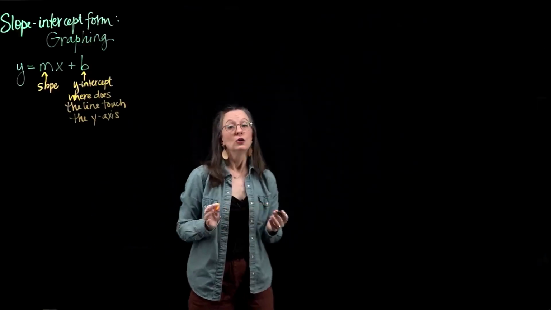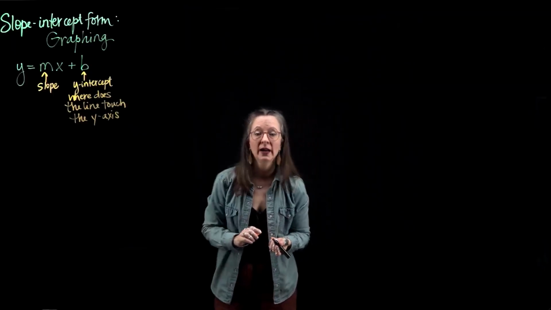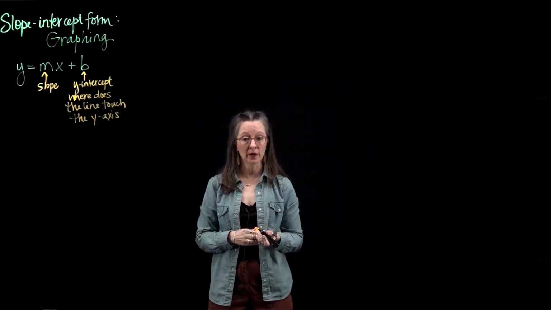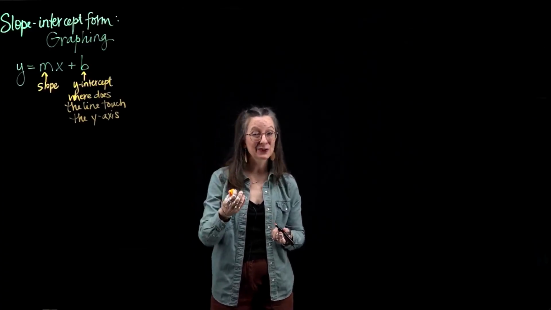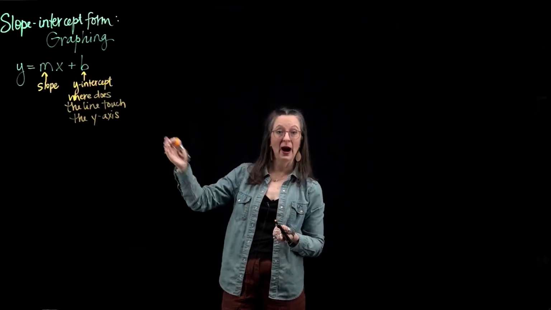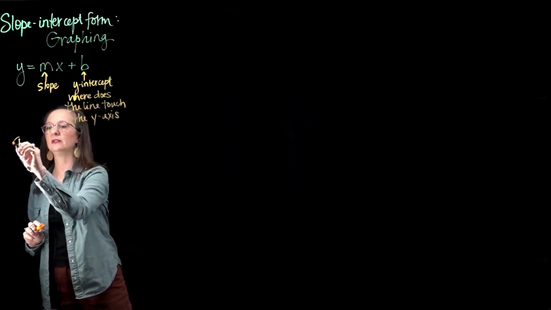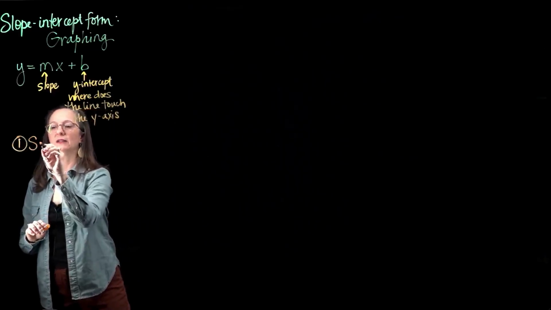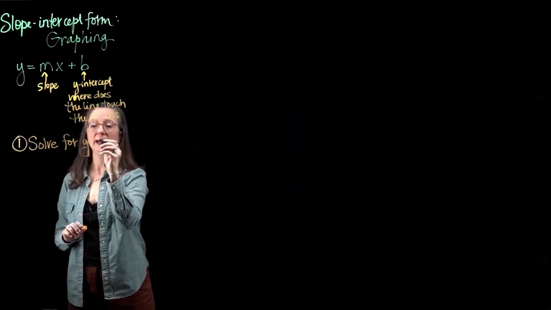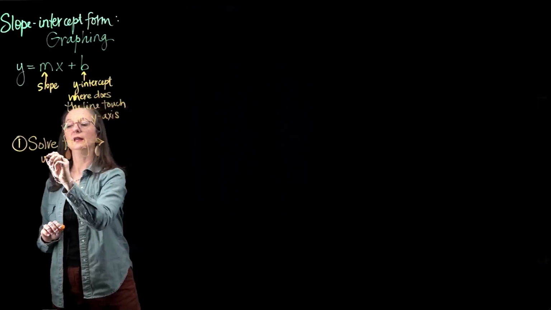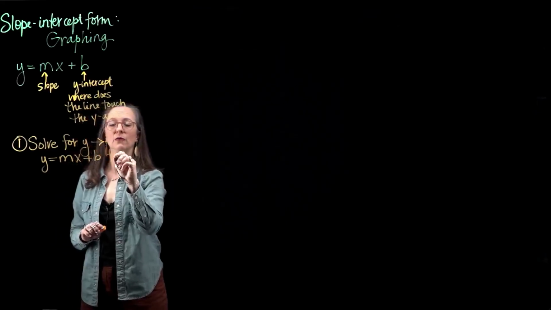Okay, so let's make a plan. When I have a line in y equals mx plus b form, your first step is to solve for y, which we did in a previous video. Check back with that one if you did not watch it. So the first thing we're going to do is solve for y so that we are in y equals mx plus b form.